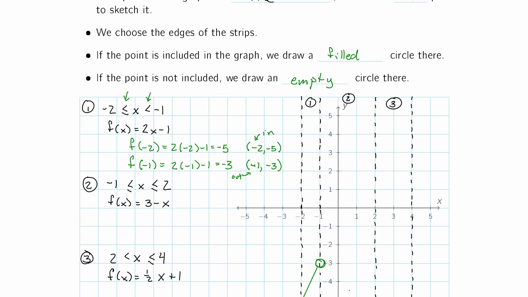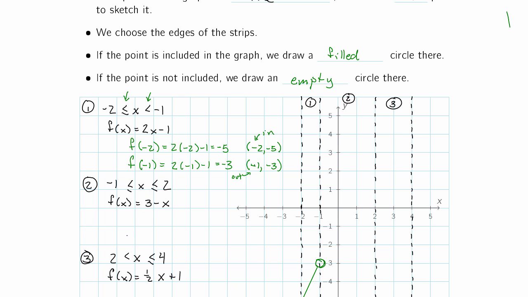I think it'll be like negative 3.002, something like that. Points really close to that empty circle are on the graph, but negative 1, negative 3 itself is not on the graph. Okay, and now we just repeat this process for all of the remaining pieces of the graph.